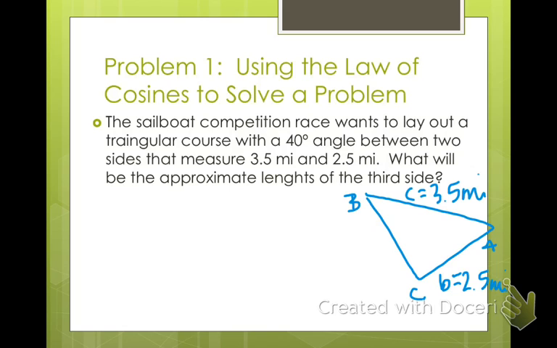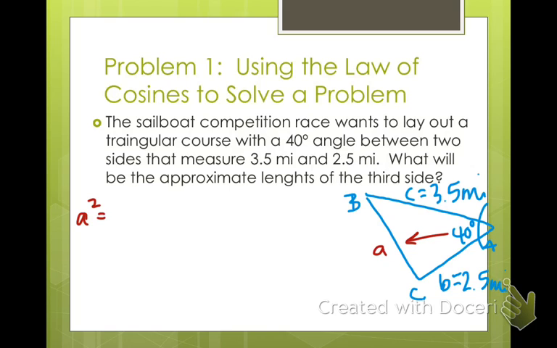And then it says the angle that's between them is 40 degrees. And they want us to find the missing side. Well, if we wanted to find a missing side using our law of cosines, we're looking for the side opposite our angle. So this is our side a.